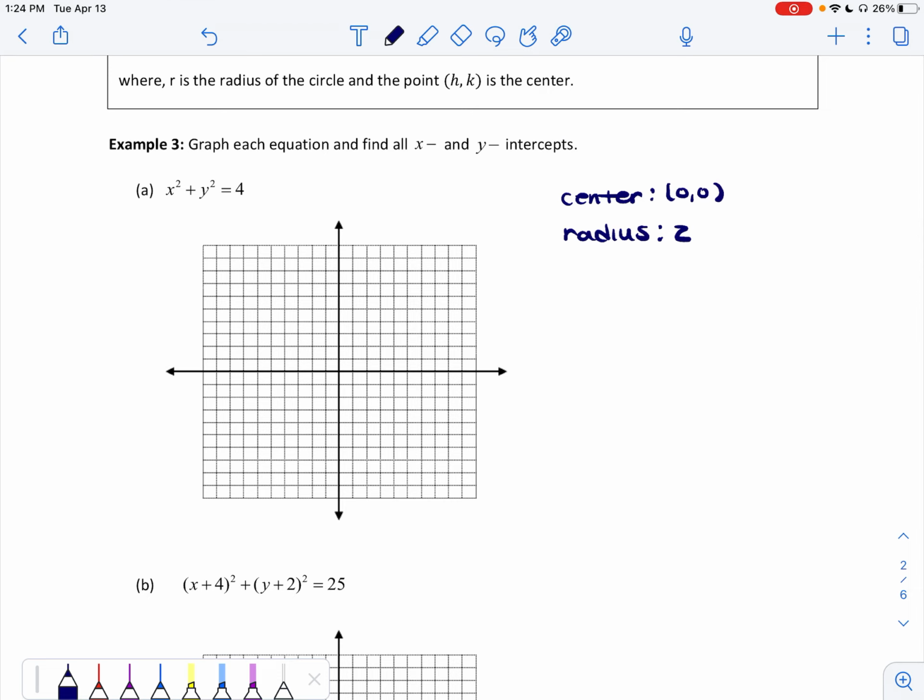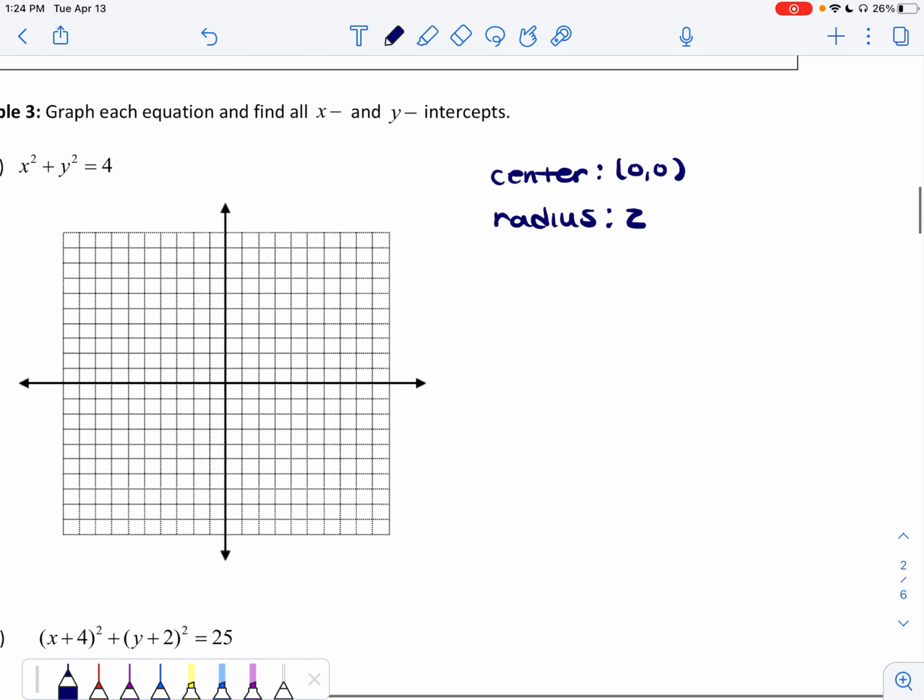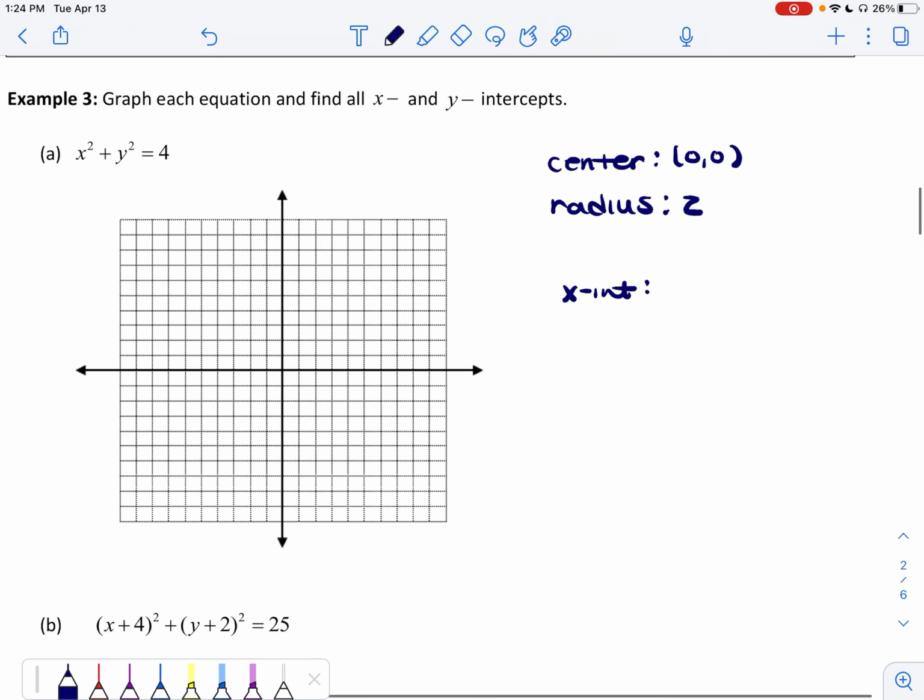All right. Now, the other thing it asked us to find were the x and y intercepts. So let's go ahead and find our x-intercept, which we would just want to plug in a 0 for y. So we would have x squared plus 0 squared is equal to 4, or x equals plus or minus 2.